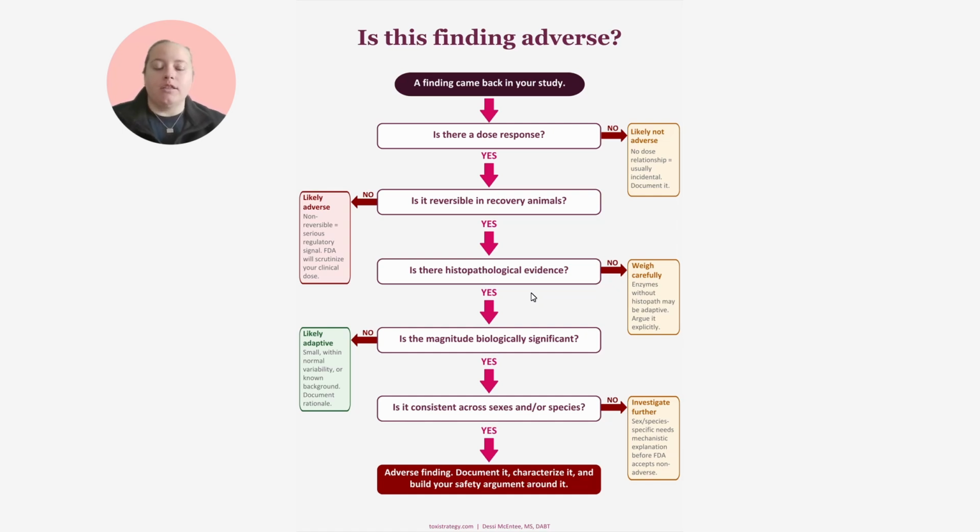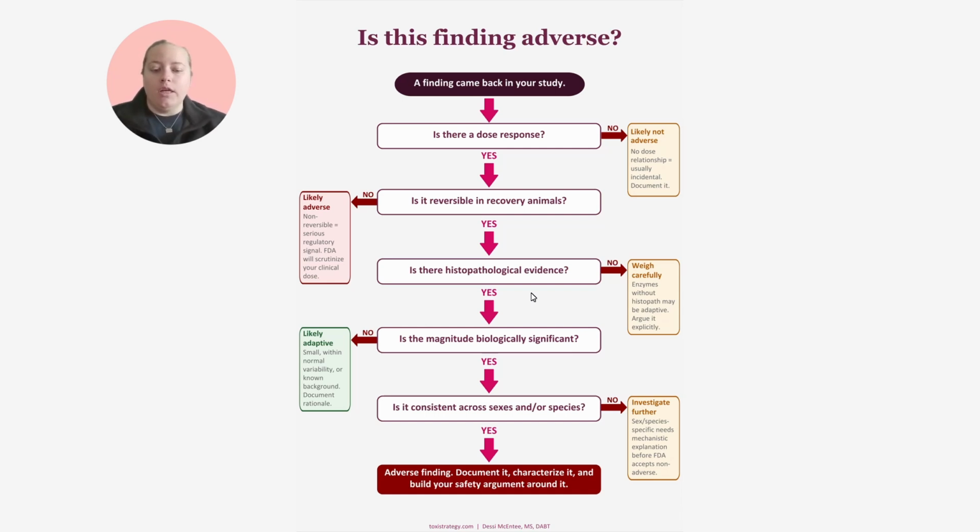Ultimately, what you want in a tox study is you want tox. You want toxicity. That's how we understand where the ceiling is, to be able to understand where we can go and how we get there in the clinic. And so having an adverse effect, that's how we find our NOAEL. If you don't have any adverse effects and you don't have a NOAEL, then your NOAEL will be above your high dose, essentially. And it's not necessarily that you didn't dose high enough to find it.